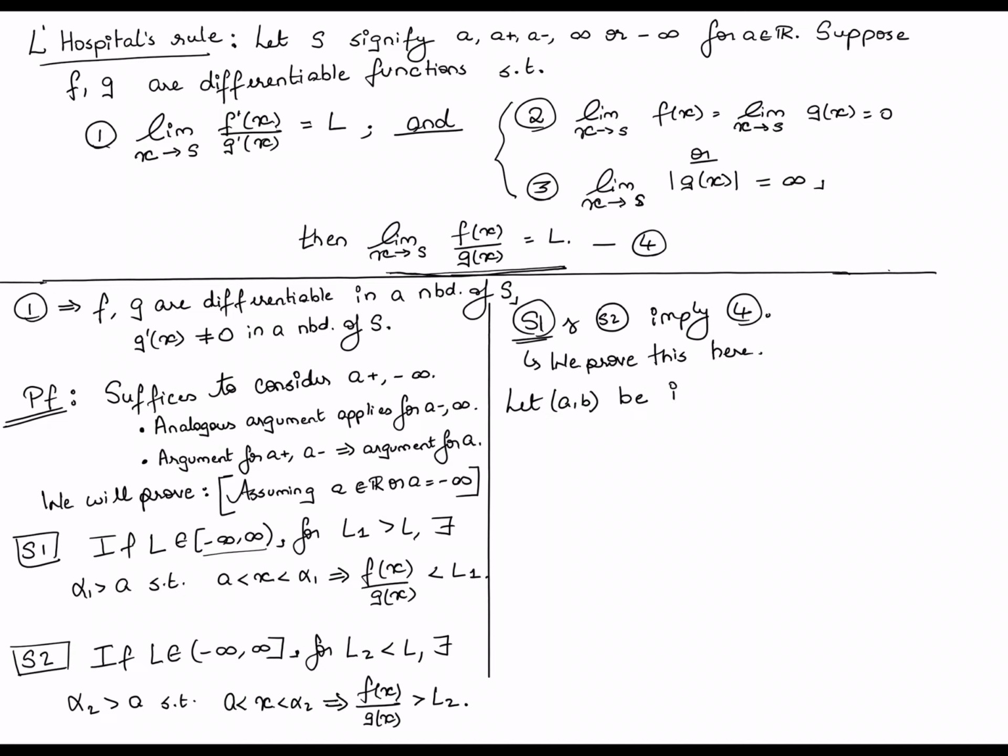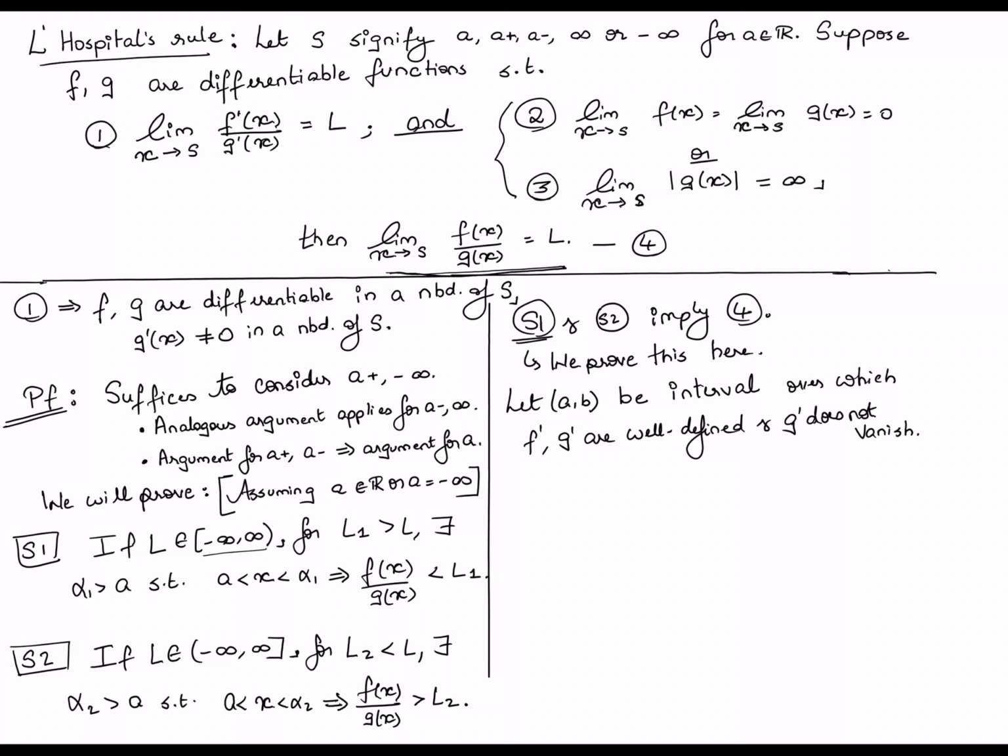Let (a, b) be the interval over which f prime and g prime are well defined and g prime does not vanish. Okay, this is the interval over which the f prime by g prime is basically well defined.